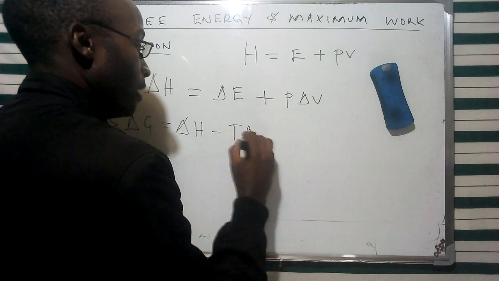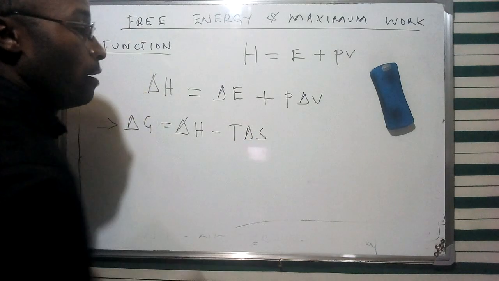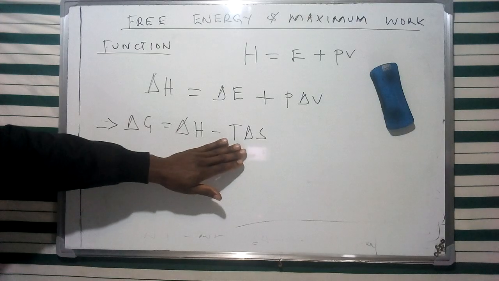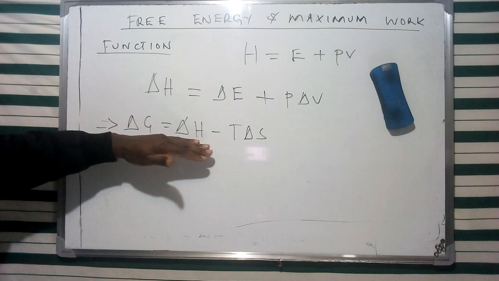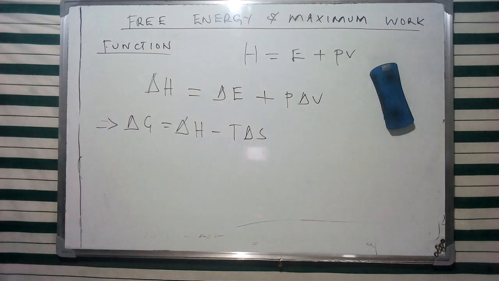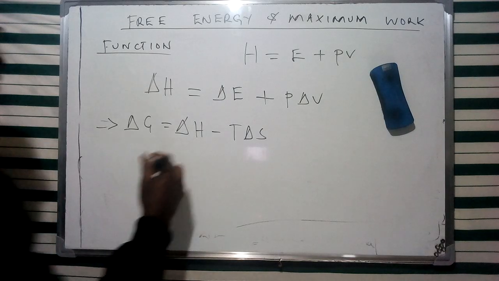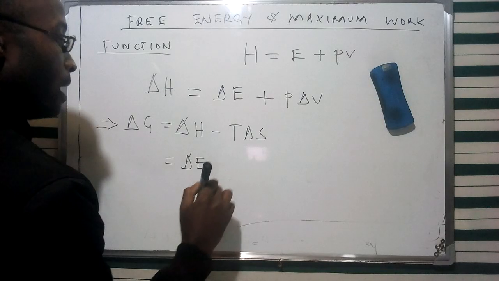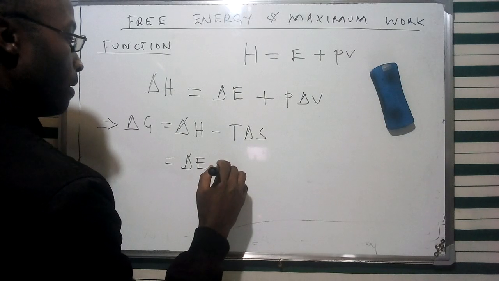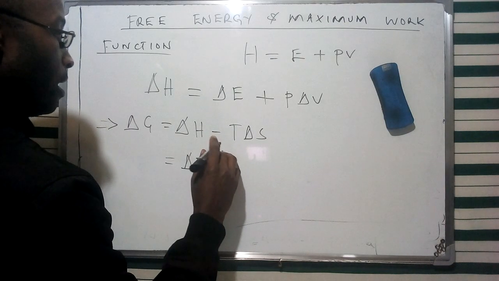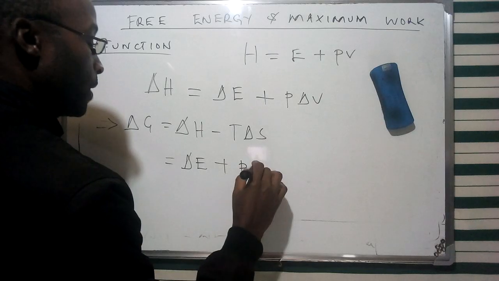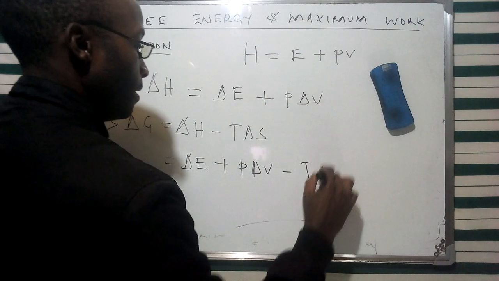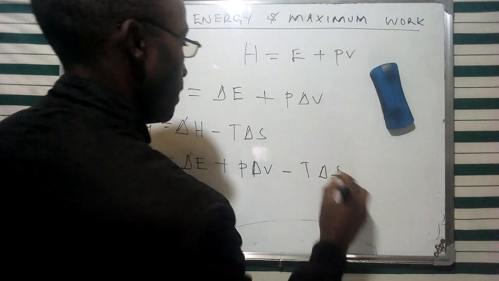Then we're going to do a substitution for delta H using this specific representation. So therefore the Gibbs free energy is going to be given as delta E plus P delta V, and then minus T delta S given as such.